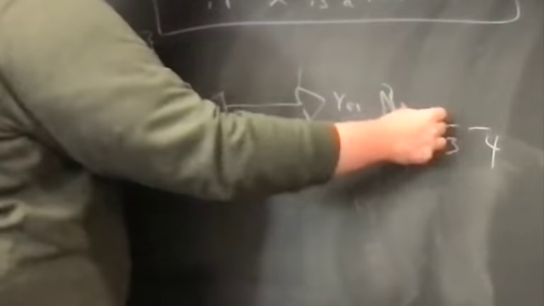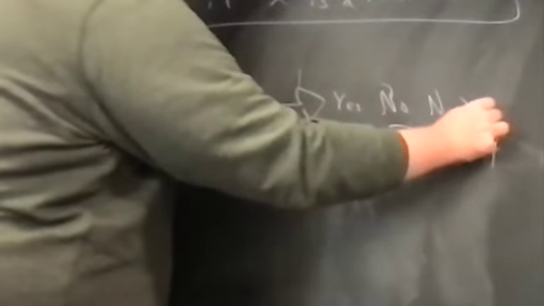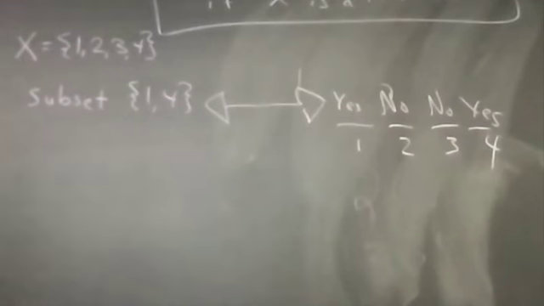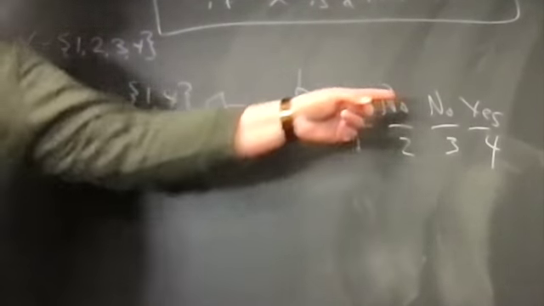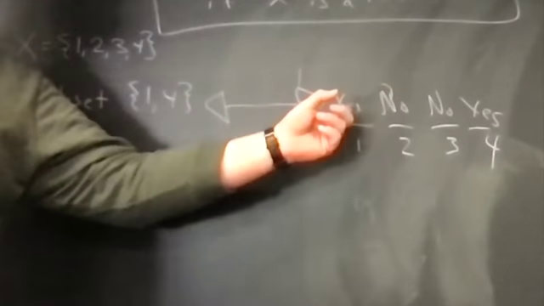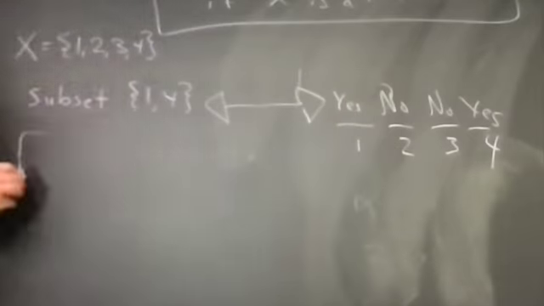No, 2 is not included. No, 3 is not included. Yes, 4 is included. So you can think of any subset as going through all the elements and looking at yes or no for each one.